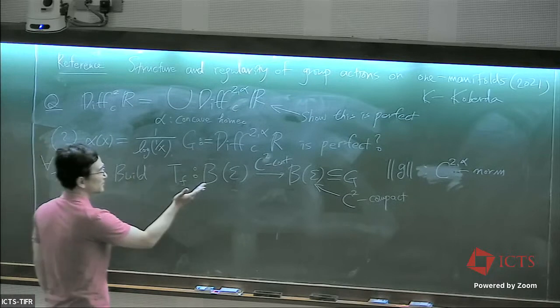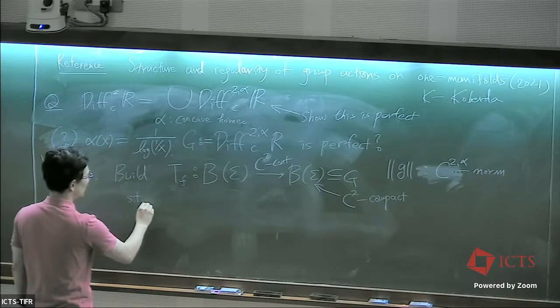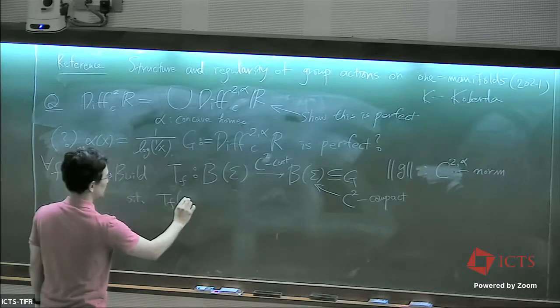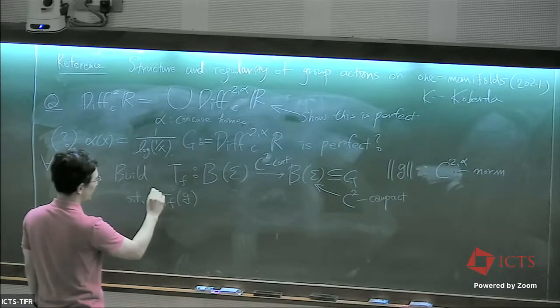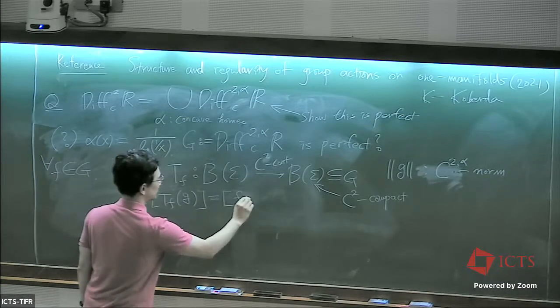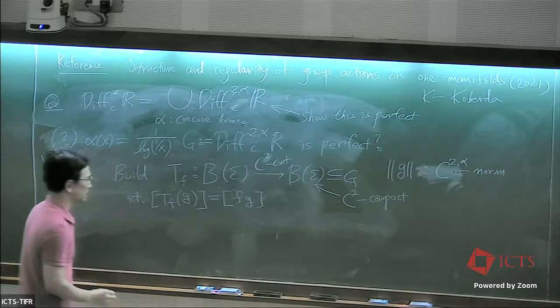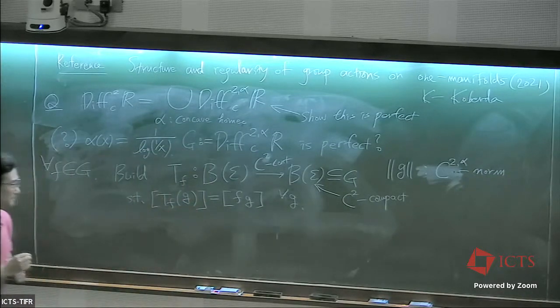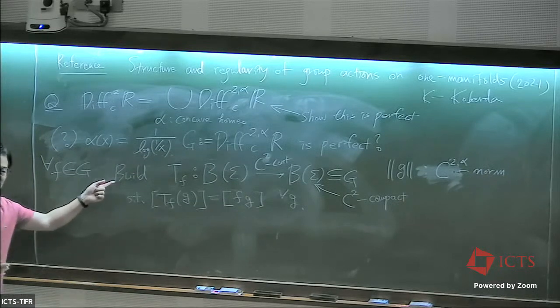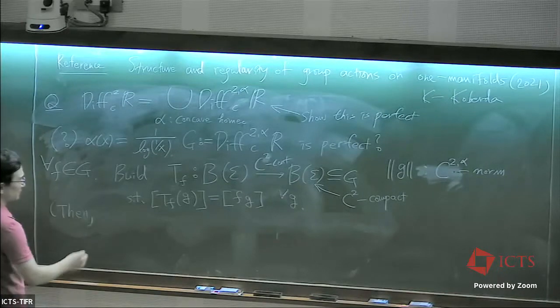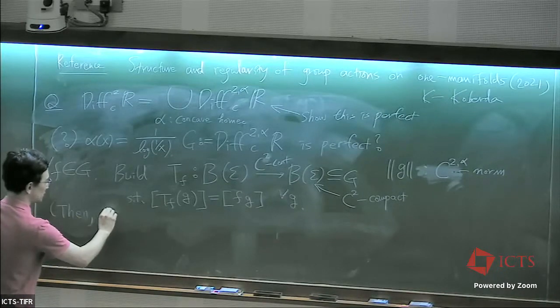So build such a map such that T_F of G, whatever you put, is the same as FG. So this is our goal for G. Once this is achieved, suppose we have built such a thing, then we are done, because we have some fixed point.